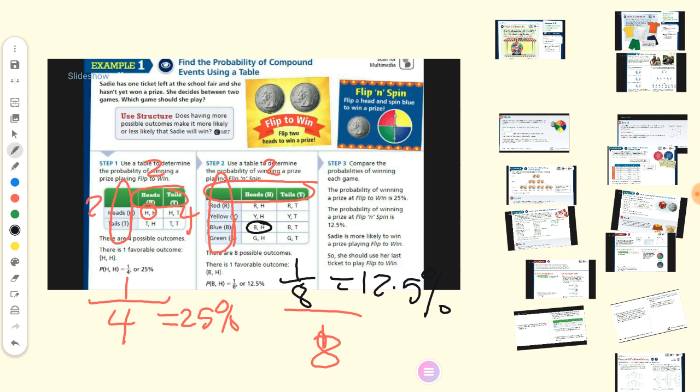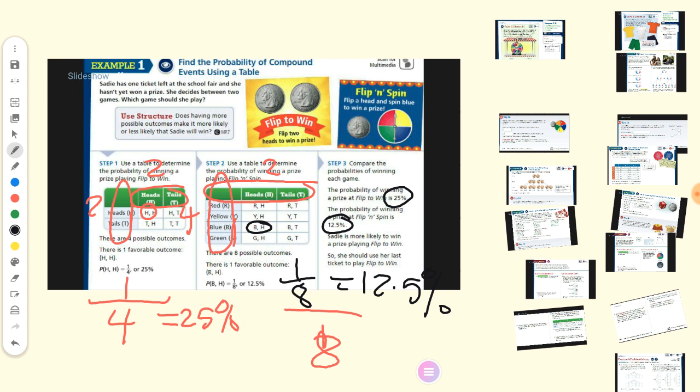So comparing the probability of winning each game, the probability of winning the prize by flipping the coin 2 times and getting 2 heads would be 25%. So her chance to win is 25%. But the probability of winning a prize by flipping the coin and spinning the spinner will be 12.5%. So Sadie is more likely to win a prize playing Flip to Win.